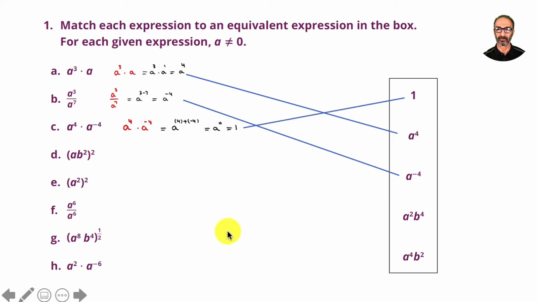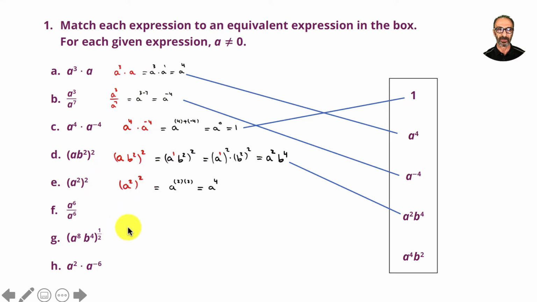You go up here. Next one, you're going to distribute the power 2 outside to each factor inside. This becomes a to the power 1 to the power 2 and a to the second, b to the second to the power 2. 2 times 2 is 4, and that's the final answer, which is down right here. A to the second, a power of a power. You multiply the exponents, and you end up with a to the 4.